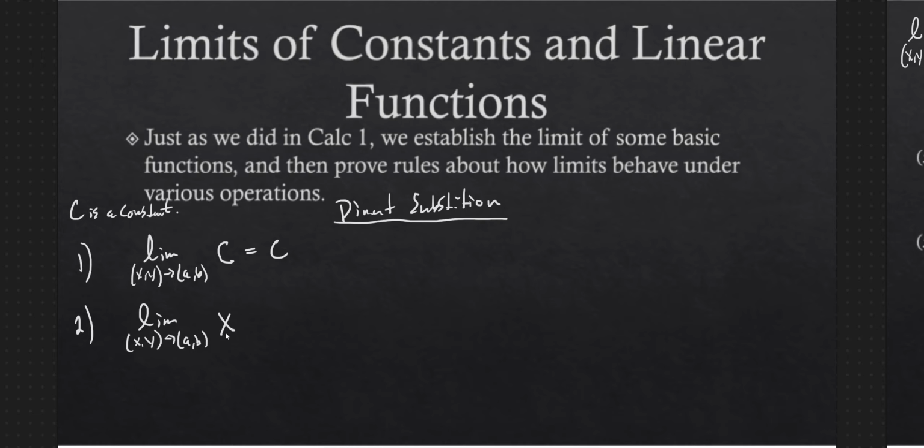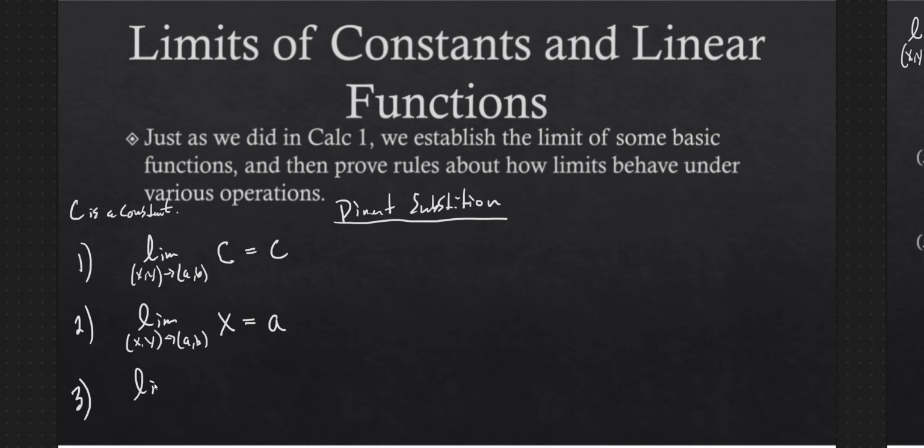If we approach with the linear function x, this is f(x, y) equal x. This also gives us a plane. And when we evaluate this at the point (a, b), so it's like we're plugging a in for x and b in for y, we get a.